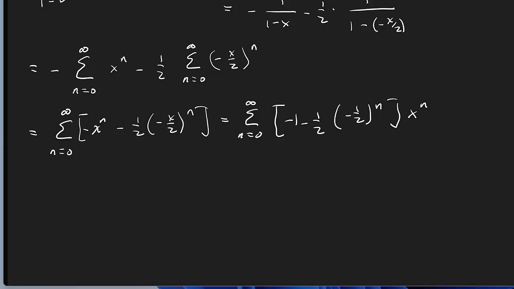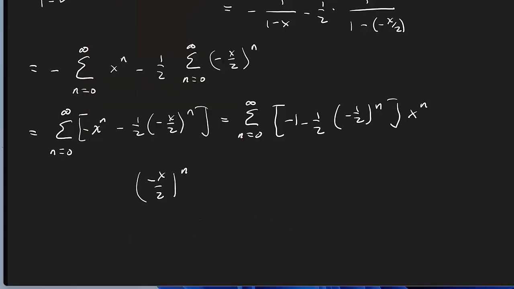So I just factored out an x to the n. See, this negative x over 2 to the n, that's the same thing as negative 1/2 times x, all that to the n. And so that could be negative 1/2 to the n, x to the n. So I factored out that x to the n, and that's where the negative 1 is, and then I'm left with just the negative 1/2 to the n, and of course times this negative 1/2.